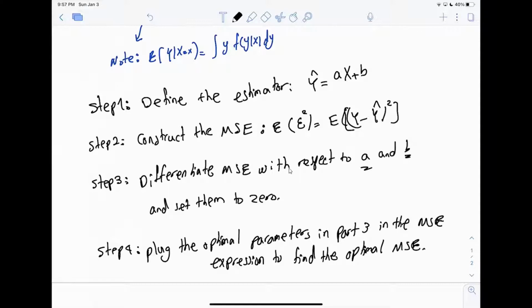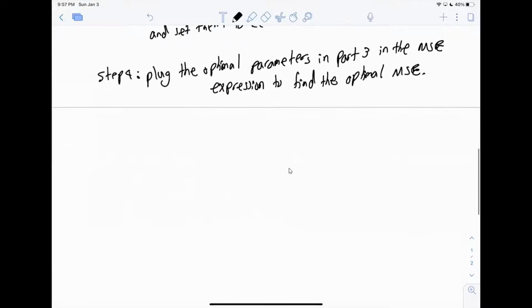Okay, so this is the step-by-step method on how to calculate the MMSE, the optimal MSE. Okay, very good. So let's apply it to this problem, and we have a very nice closed form solution.